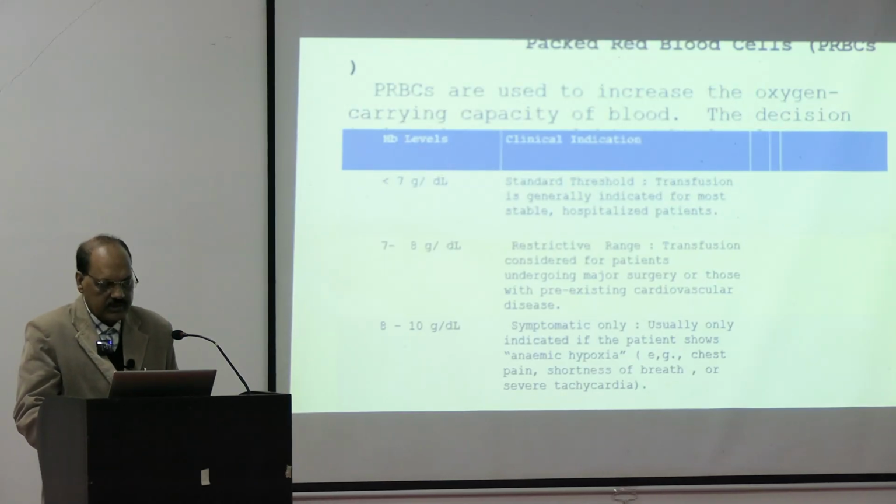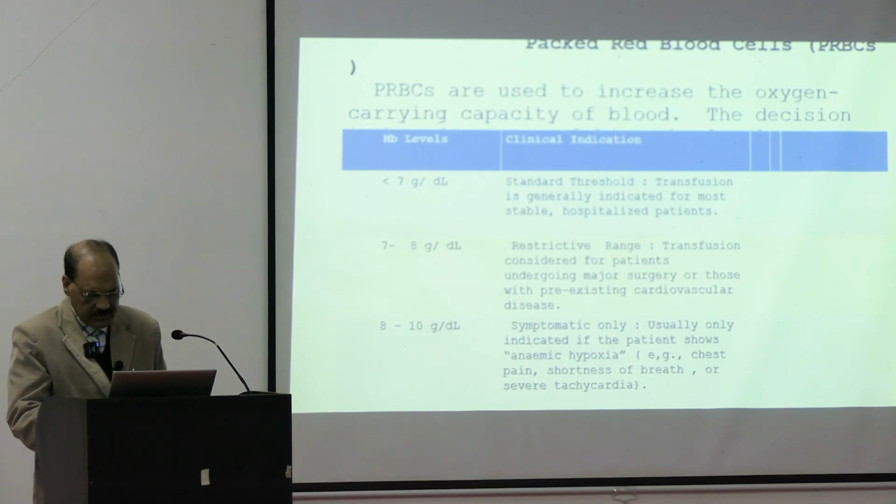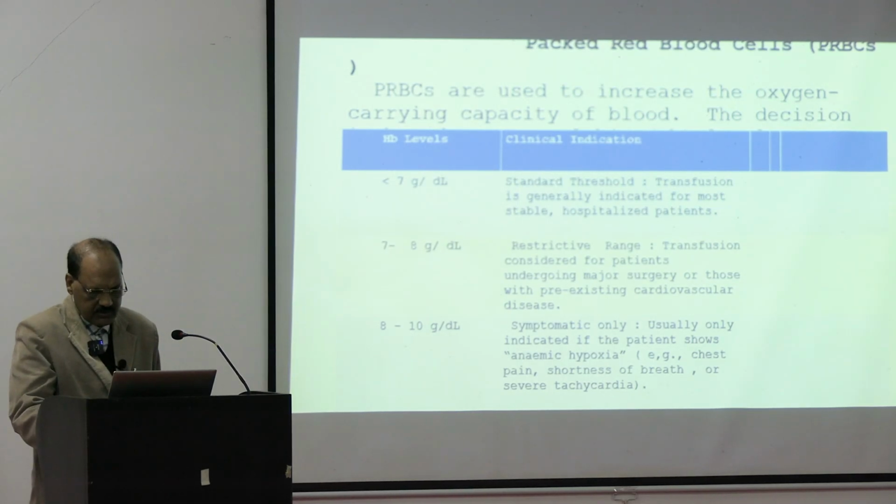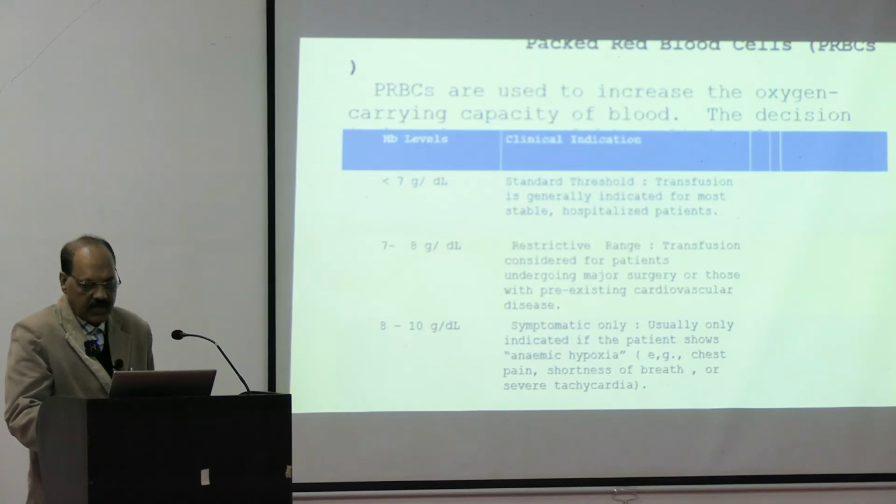Then when the hemoglobin level is 8 to 10 gram %, we call it symptomatic only patients. Usually we give it only if the patient shows anemic hypoxia. That means there is chest pain, shortness of breath, or severe tachycardia.